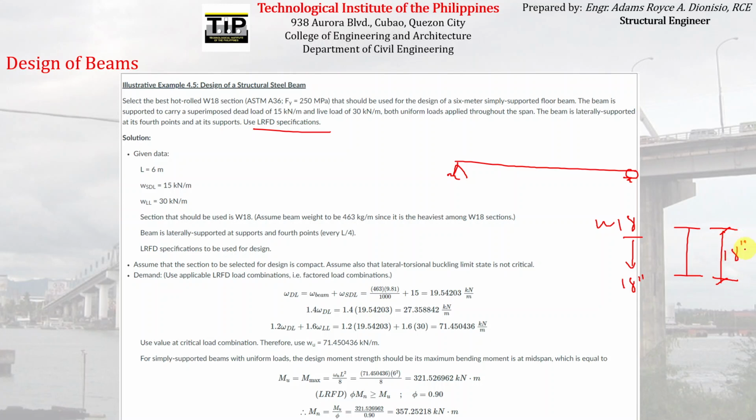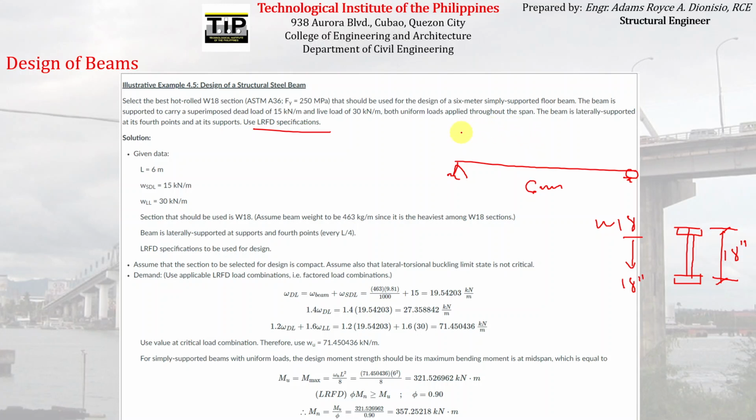Okay, if this is the I section, it is made up of ASTM A36, meaning its Fy is equal to 250 megapascal, and its length is 6 meters, according to the problem.